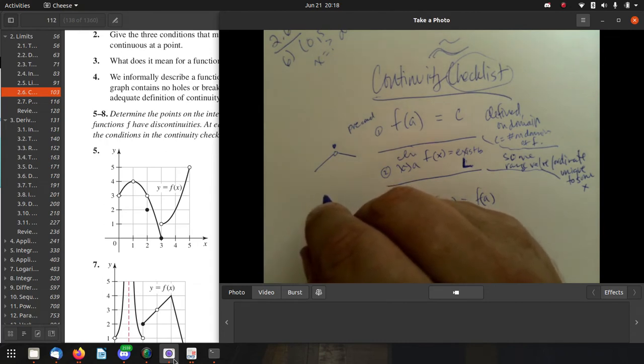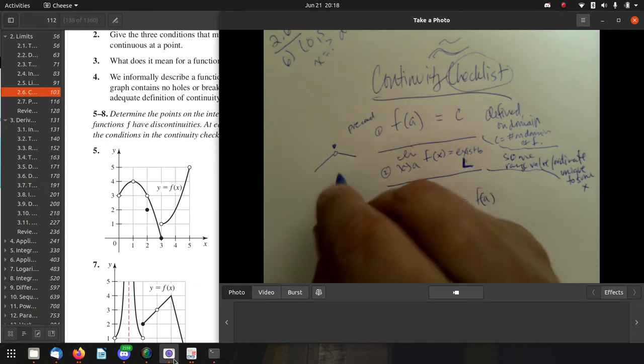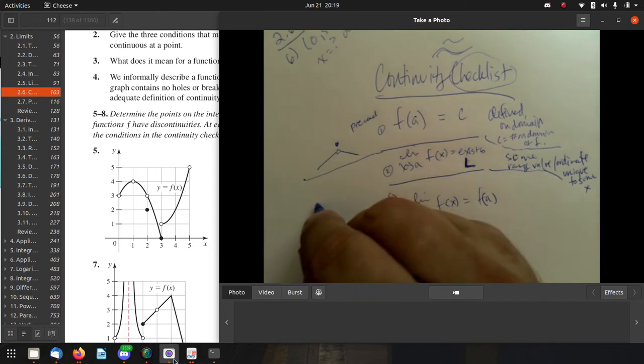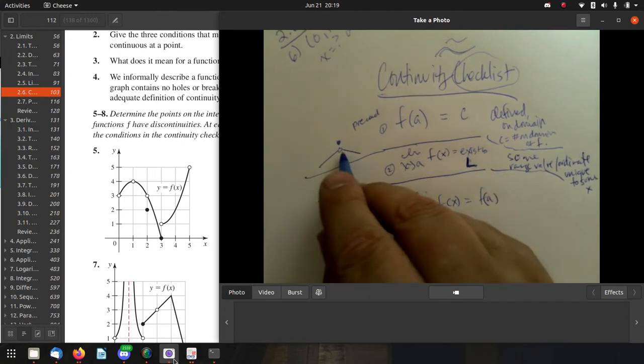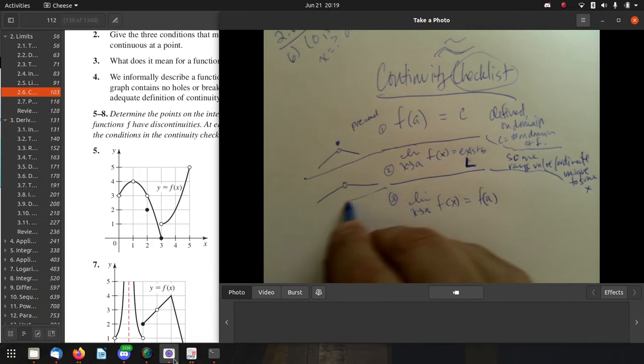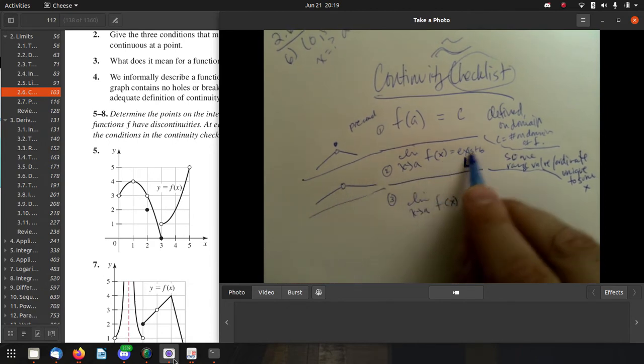What if we only had the bottom branch of what I drew up here? Then this would be true.